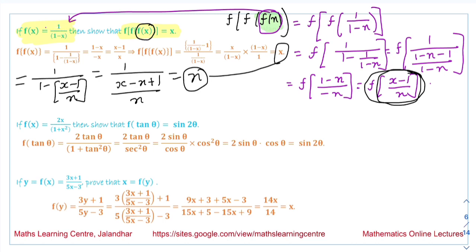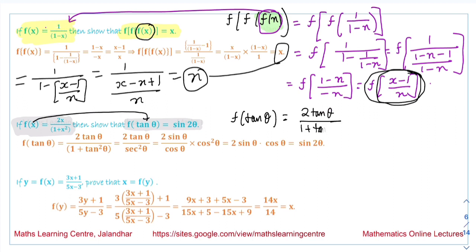Next, if f(x) = 2x/(1 - x²), show that f(tan θ) = sin 2θ. In place of x we write tan θ. So we get f(tan θ) equal to 2 tan θ/(1 + tan²θ).